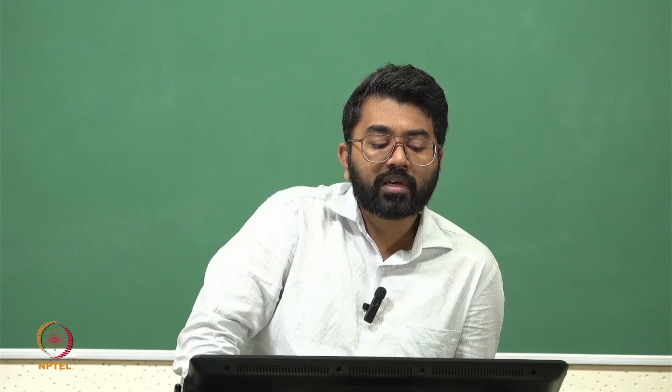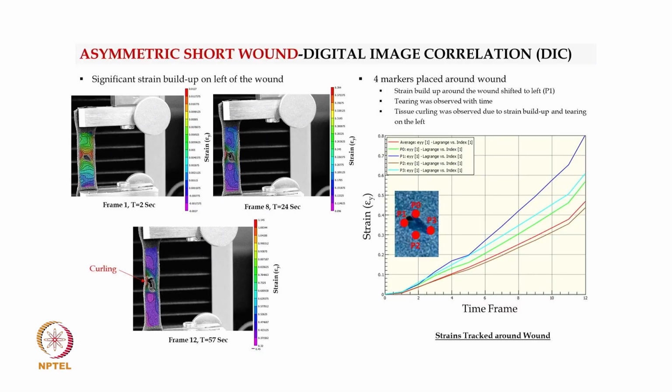What we can see very clearly is in frame 1 we have some red zones around the wound, right? As we go to frame number 8, this red zone has now been localized on the left side. That means you have a very high strain zone followed by very low strain zones, which are the purple and the blue.